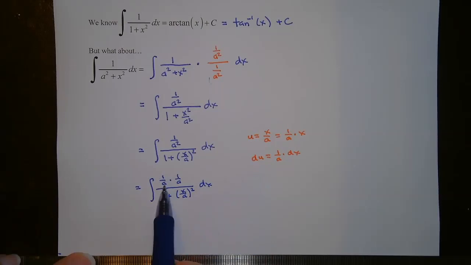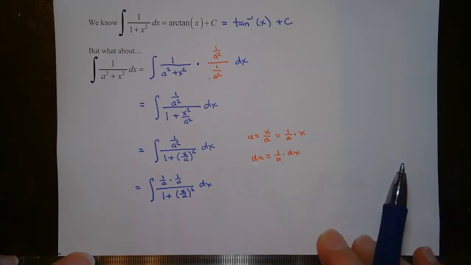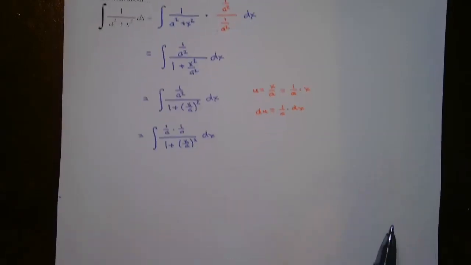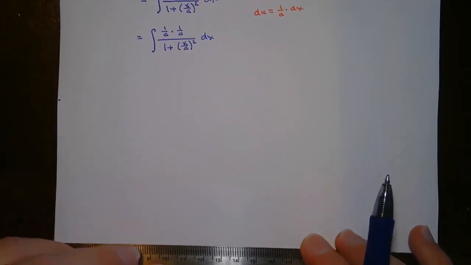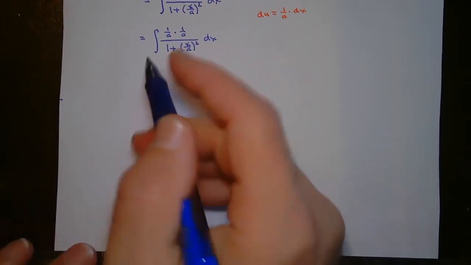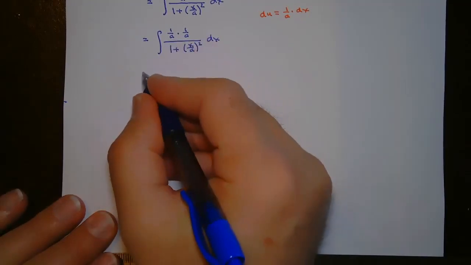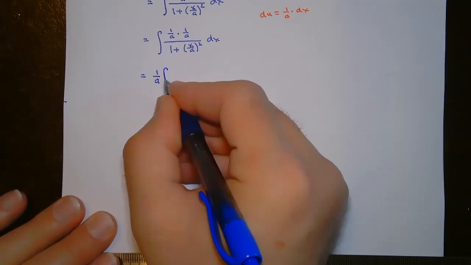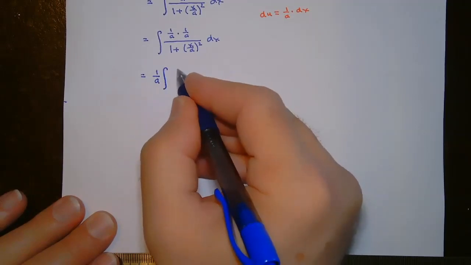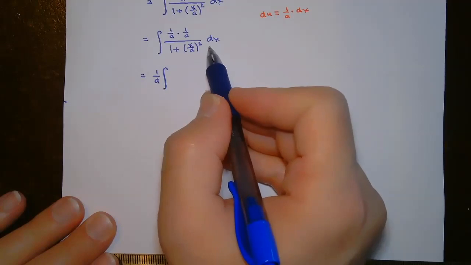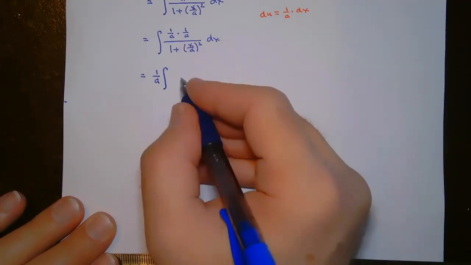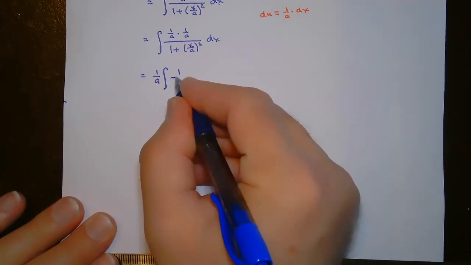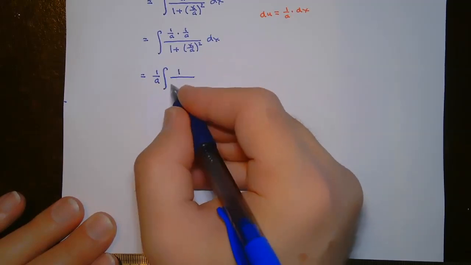Now, what can I do with this 1 over a? Now, remember, a is a constant, so it's just going to come out. We can bring it out in front, okay? So let me slide this up. Okay, so this 1 over a right here is going to come out in front. So 1 over a times the integral of 1 over a times dx, right? Which becomes my du. So it's really going to be 1 over 1 plus u squared.